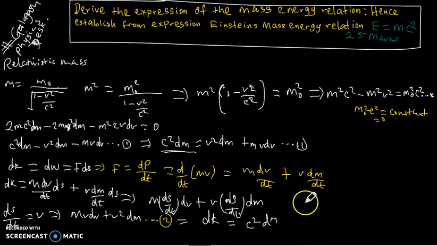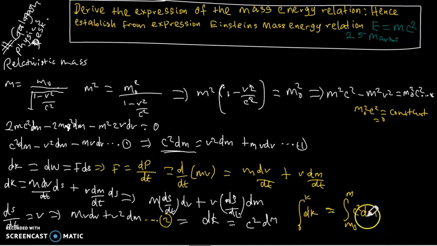So we take the integral from 0 to k of dk. This will be equal to the integral of c squared dm, where m is the relativistic mass, from m naught to m.